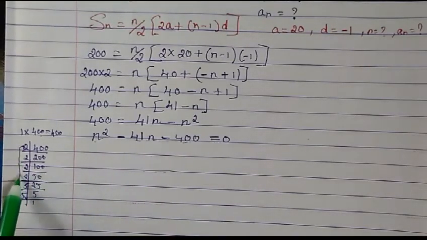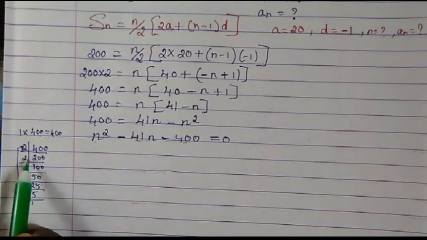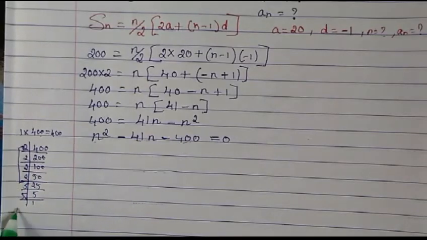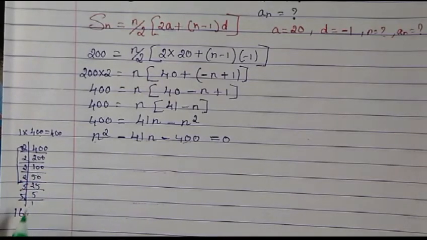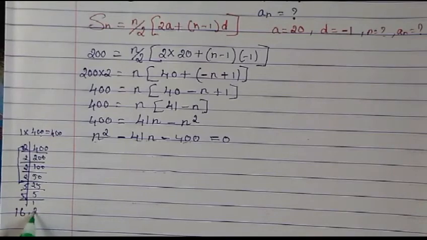Now what are the factors we got? From here up to here, 2, 2 2s are 4, 4 2s are 8, 8 2s are 16. We have 16, and then 5 5s are 25.